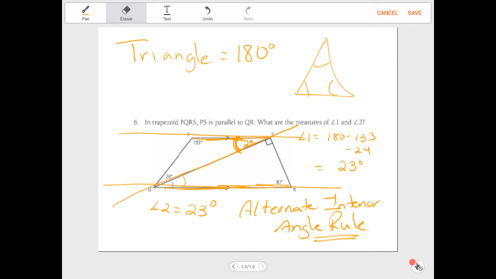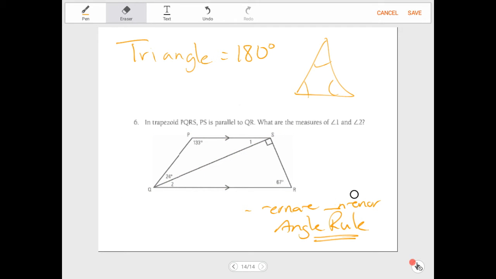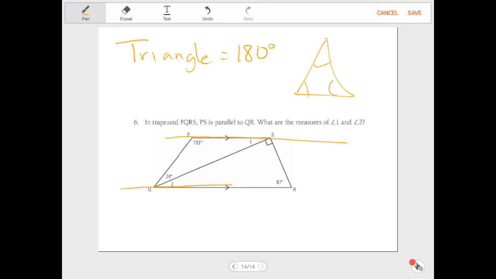So again, I think the whole point here is looking at this and trying to extend on the drawing. You would just simply say, okay, well, this line and this line are parallel. So I'm going to go parallel, parallel. This is the transversal. If you know that this is 23 degrees, can we not apply one of our rules?